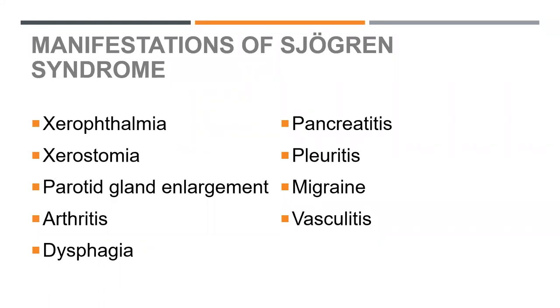Finally, you can see some major organ dysfunctions, such as interstitial pneumonitis, inflammation of the lungs, glomerulonephritis, vasculitis, thyroid disease, and different forms of neuropathies can happen as well. Migraine can also be associated with Sjogren syndrome. Not really sure what the mechanism is for that. We just know that it is associated.